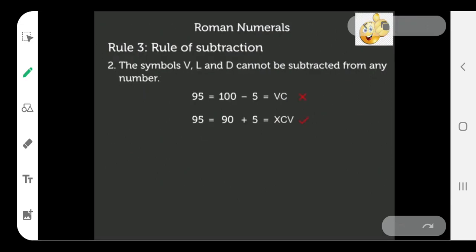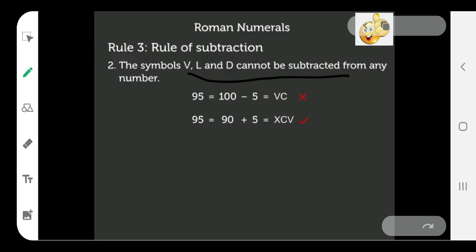Now the next rule under subtraction is the symbols V, L and D cannot be subtracted from any number. This is very important. These symbols will never be subtracted from any number. Like if 95 is there, we cannot write 100 minus 5, that is VC.